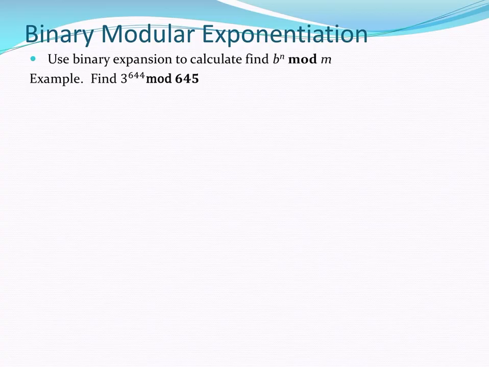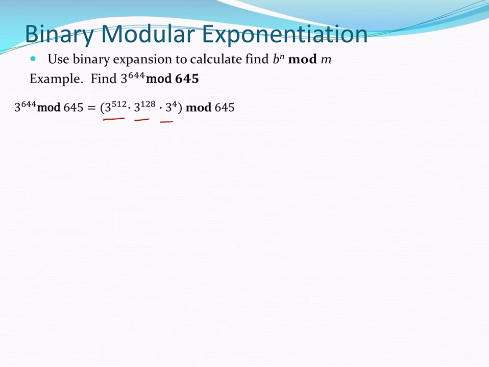Okay, so let's take this to a larger example. We want to find 3 to the 644 mod 645. And we'll use the binary expansion of 644 to show that 3 to the 644 is equal to 3 to the 512 times 3 to the 128 times 3 to the 4th mod 645.